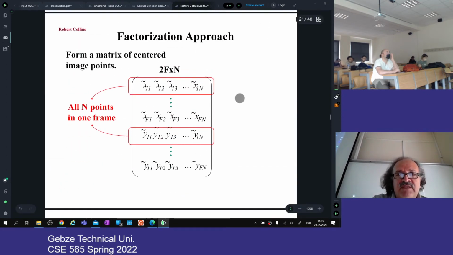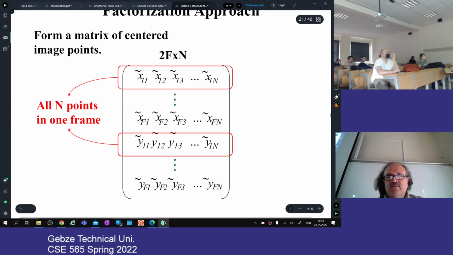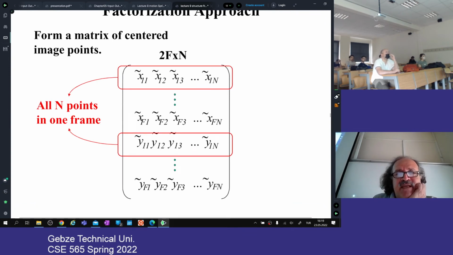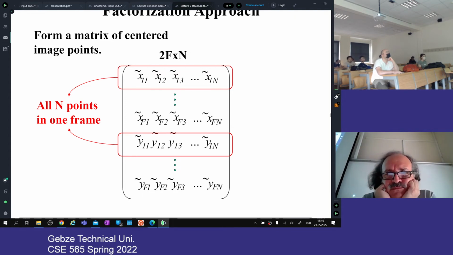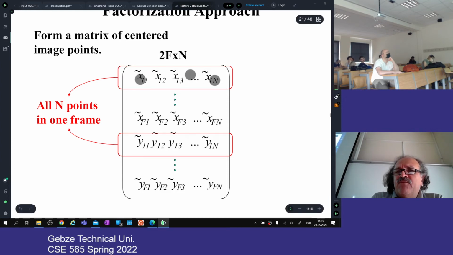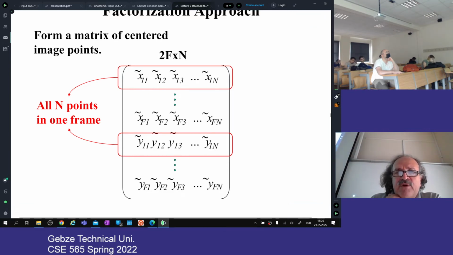So this is our big matrix. This is a matrix of size 2f by n, and what is 2f by n? How many? First of all, for each point, okay, this is my first row, point 1, point 2, point 3, and point n. So there are how many points, how many columns in this matrix?